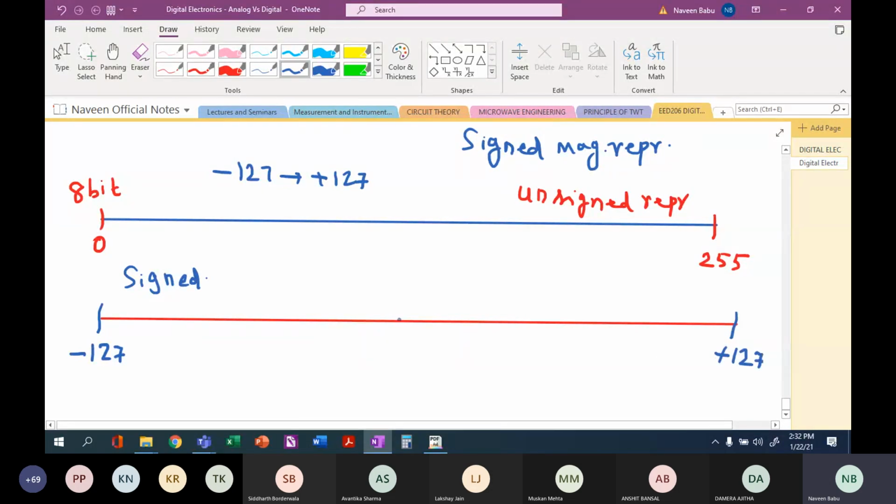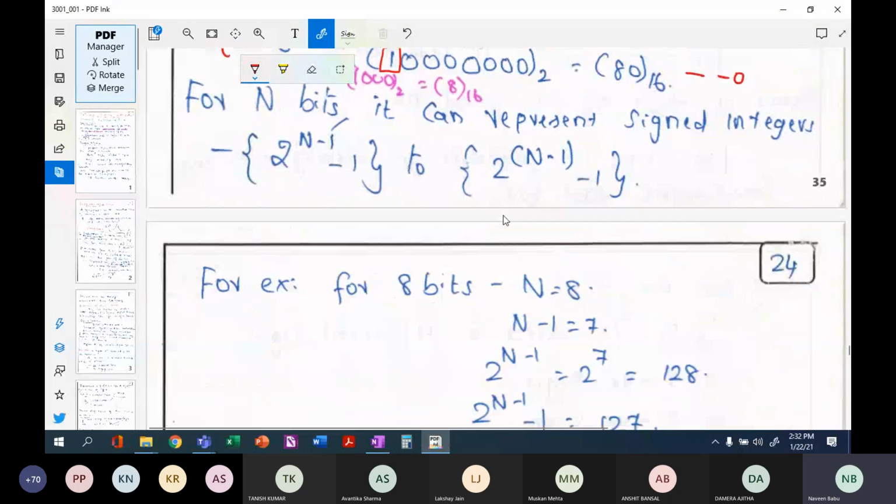At the same time, I'm having two zeros here, one zero representing minus 0 corresponding to 80 in base 16 hexadecimal equivalent, and the same 0 can be represented as plus 0 corresponding to 00, right? So this is the funniest part here. You are having plus 0 and minus 0.